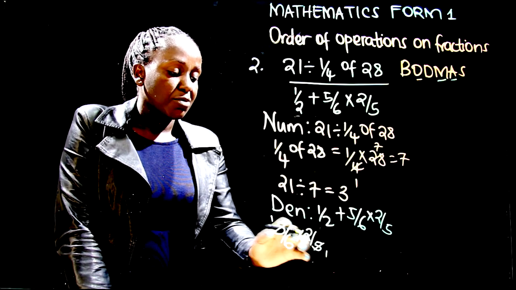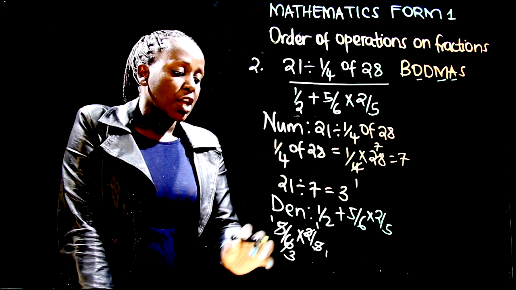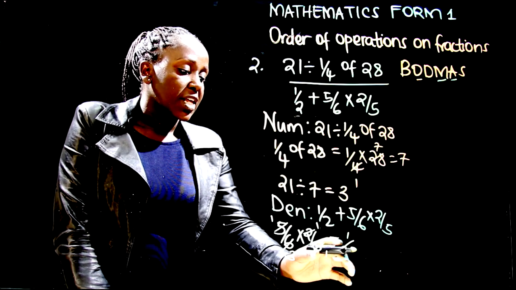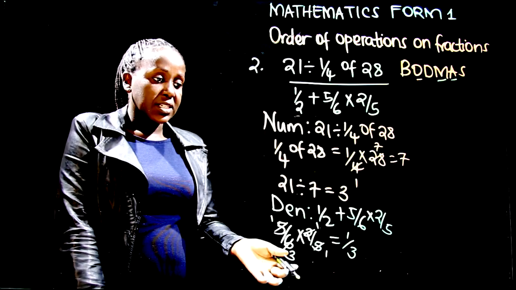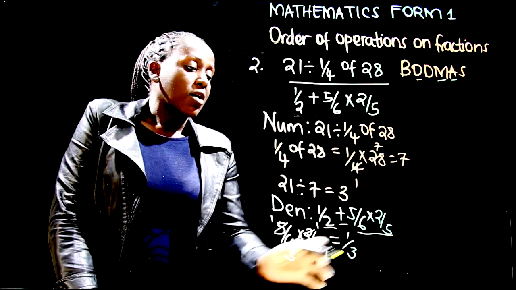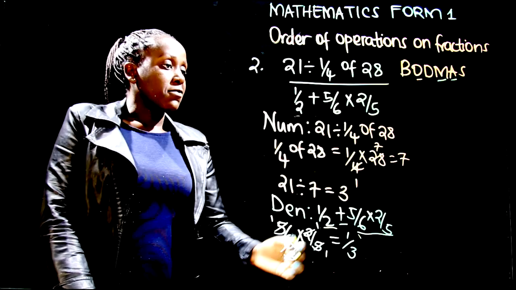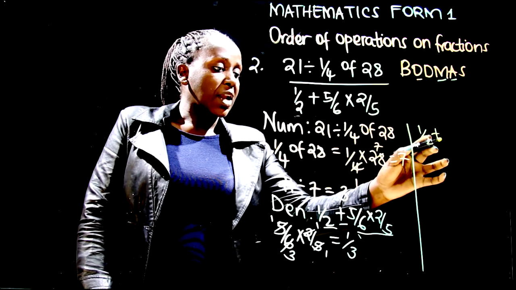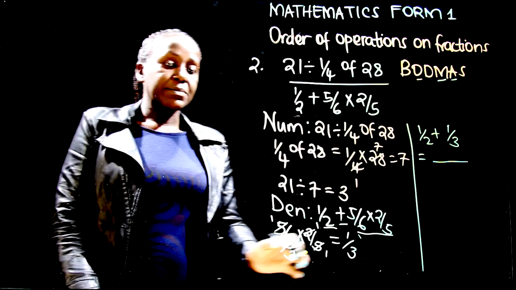Then 6 is divisible by 2. So 2 divided by 2 is 1, and 6 divided by 2 is 3. So 1 times 1 is 1, over 3 times 1 is 3. Now that we have multiplied, what do we do next? We now add a half to the product of the two fractions, which is 1 over 3. So now we have 1 over 2 plus 1 over 3. Remember the rules of adding.